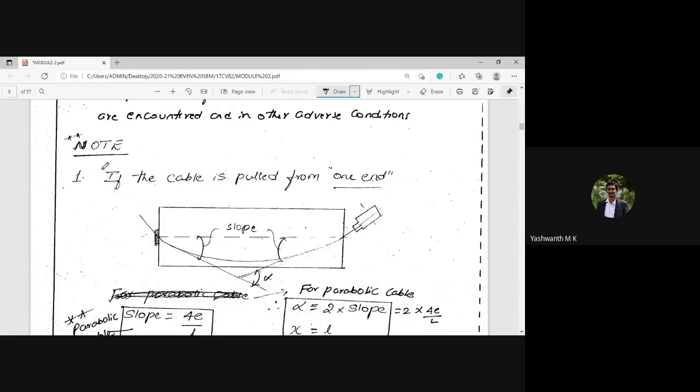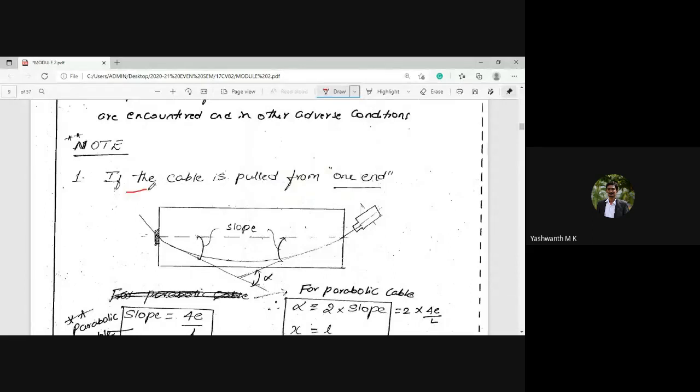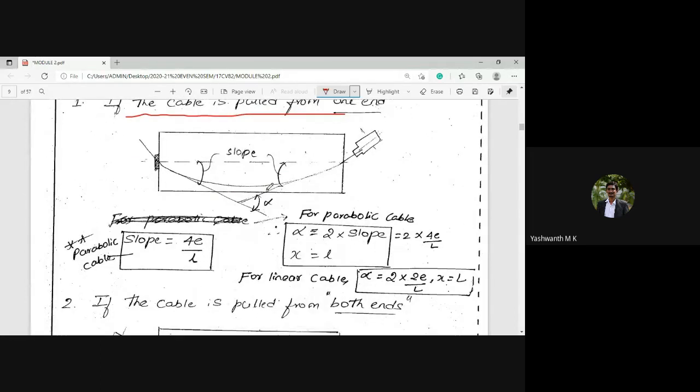Please note down here, the first condition: if the cable is pulled from one end, that is jacking, then especially for a parabolic cable, the slope is given by 4 into e by L, where e is the eccentricity and L is the length of the beam.